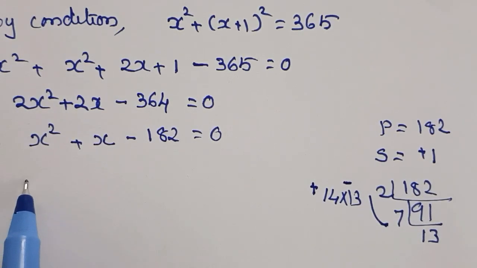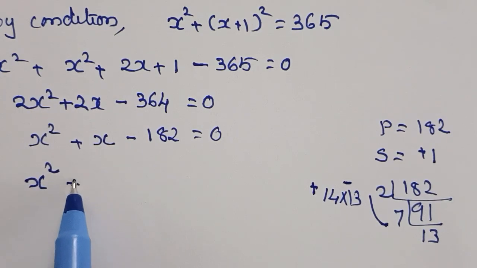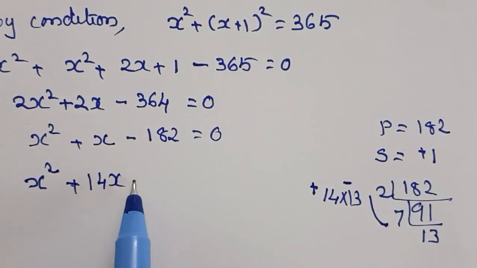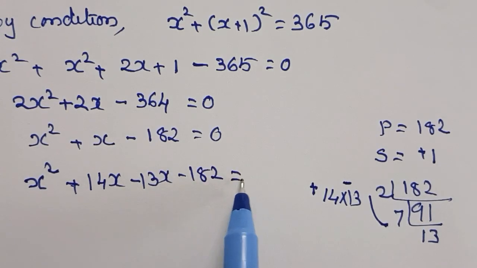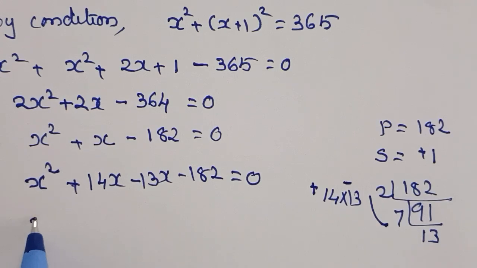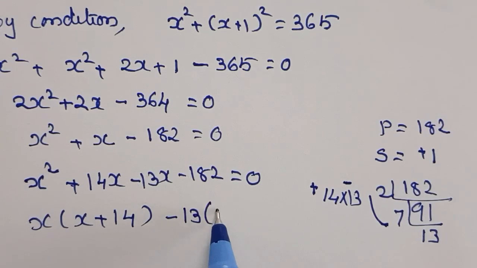So when you factorize by splitting the middle term, we get x square plus 14x minus 13x minus 182 equal to 0. Taking common factor x outside, x plus 14, minus 13, the common factor is x plus 14.